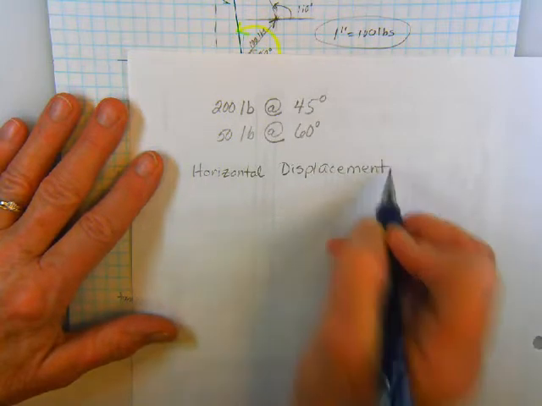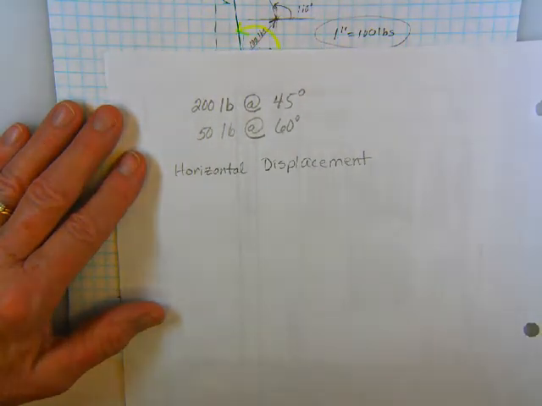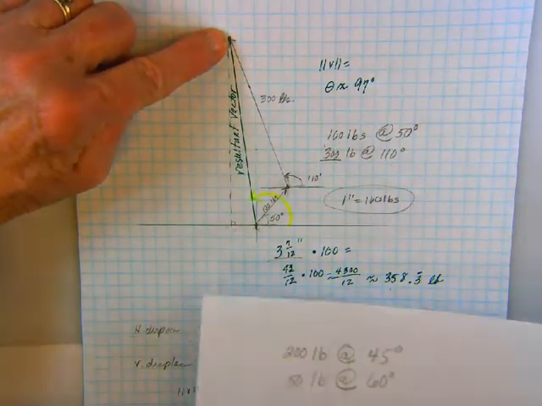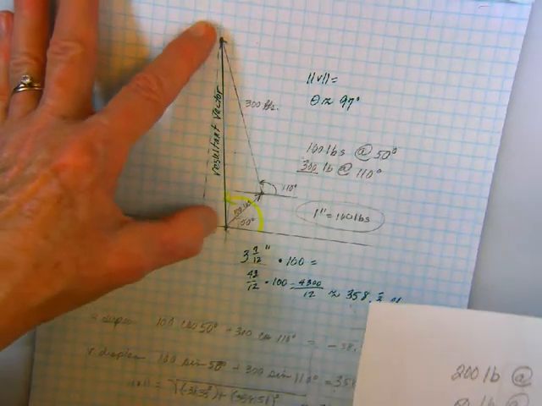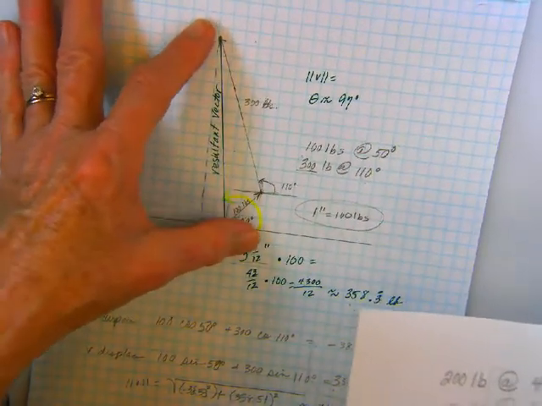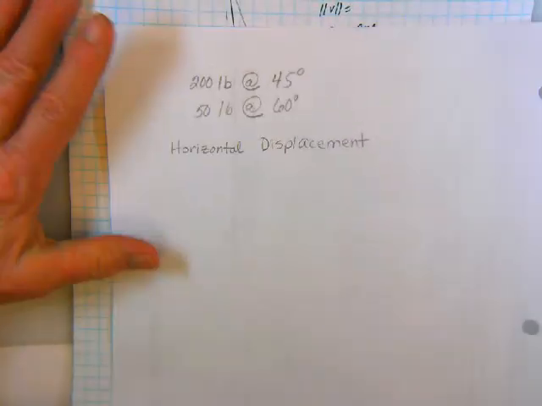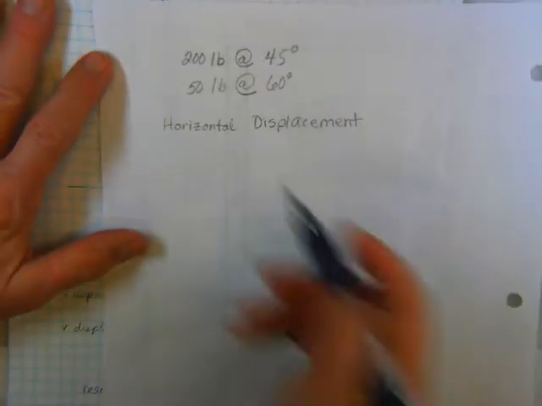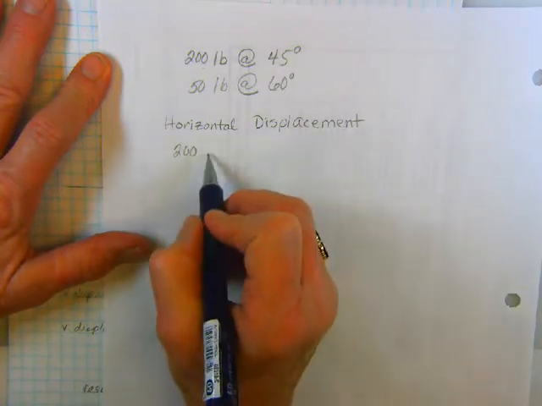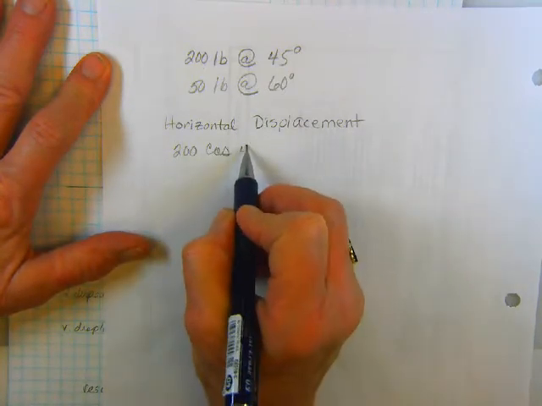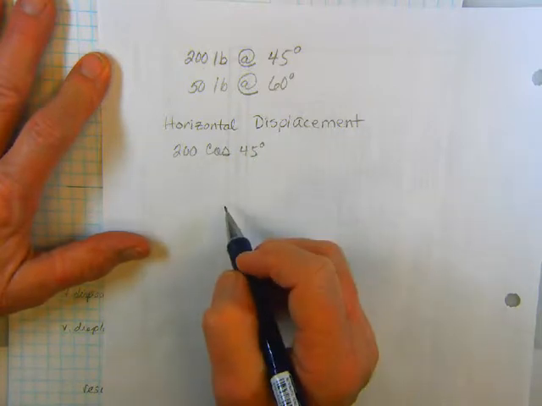The horizontal displacement. In other words, how far the final terminal point is from where you started. The horizontal displacement is the amount left or right you go to get to that. So to find your horizontal displacement, you take the pounds of force times the cosine of the angle, add the other one to it.